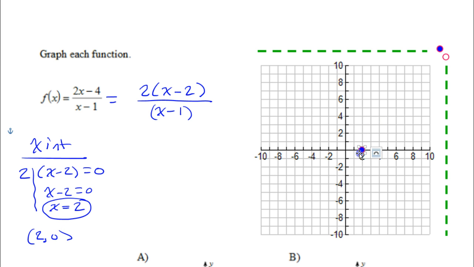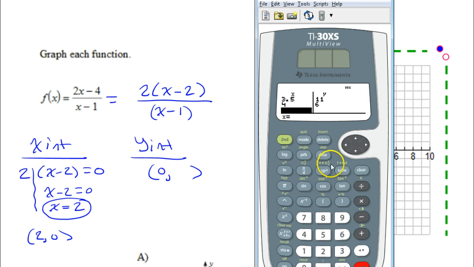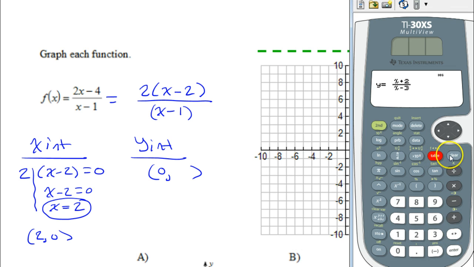Okay, so let's plot that. Alright, so there's my x-intercept. Now let's talk y-intercept. Alright, for the y-intercept, you know it's going to be 0, something. So we can just use our calculator to help us out. So let's use the table feature, clear out whatever's in there. And let's see, we have 2x minus 4 over x minus 1.